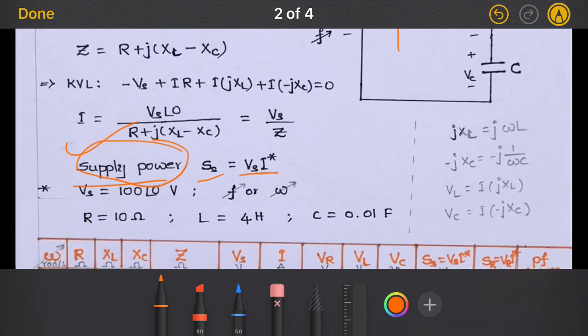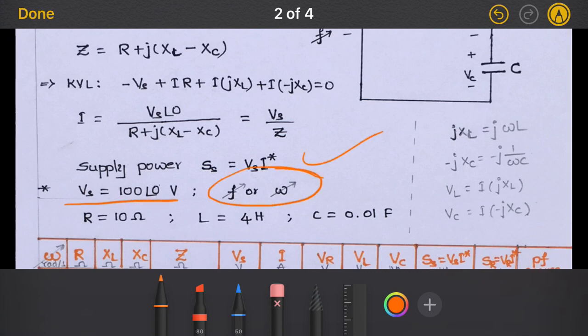Now for this circuit, if we assign numerical values for the different parameters, the supply voltage is 100 at an angle 0 volts, and the supply frequency is variable as usual. Let us take the resistance value as 10 ohms, the inductance value as 4 henry, and the capacitance value as 0.01 farad.